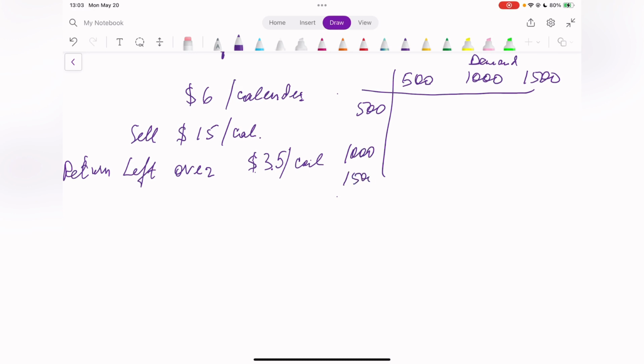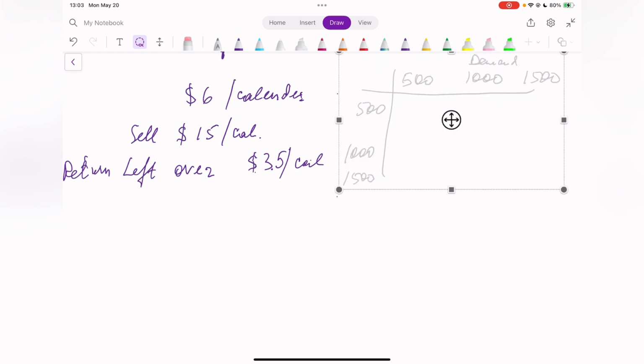Let me change the color so the data and the rest won't be confused. All right, so let's go for revenue.